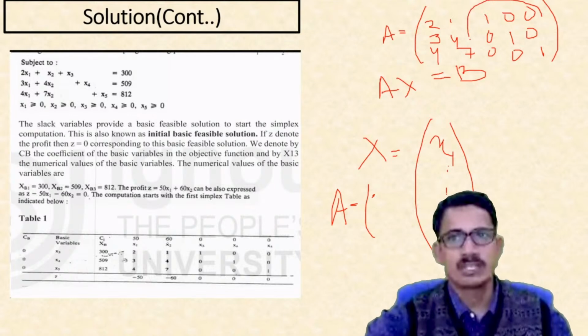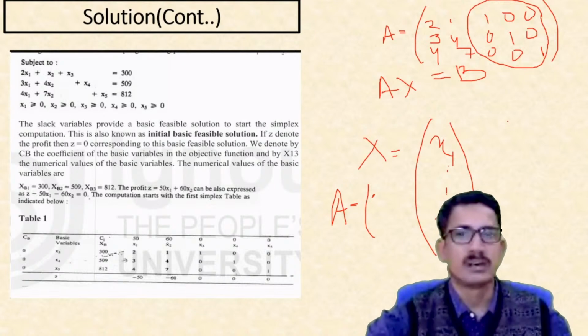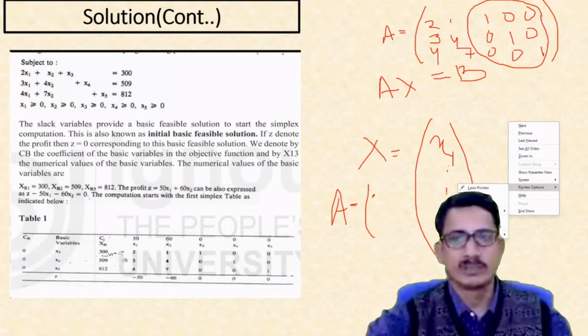See, we have to focus on these. The unit matrix coefficients 1, 0, 0, 0, 1, 0, 0, 0, 1 should come inside the coefficient matrix. That you have to keep in mind.